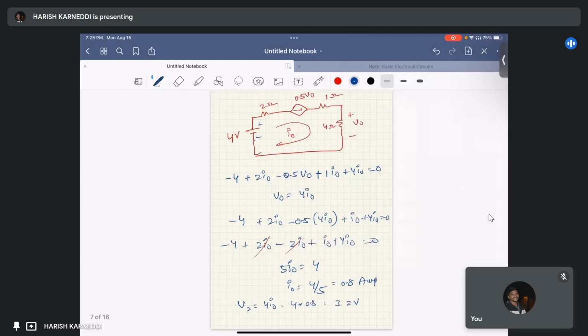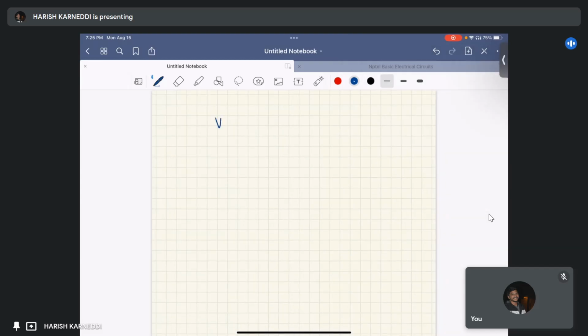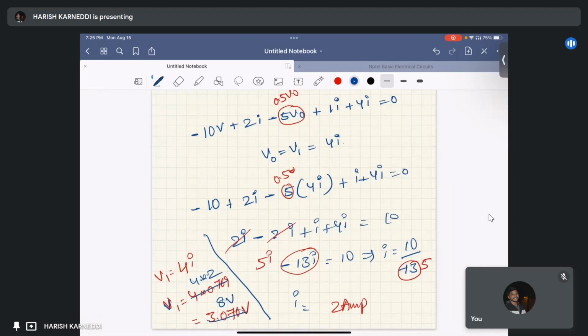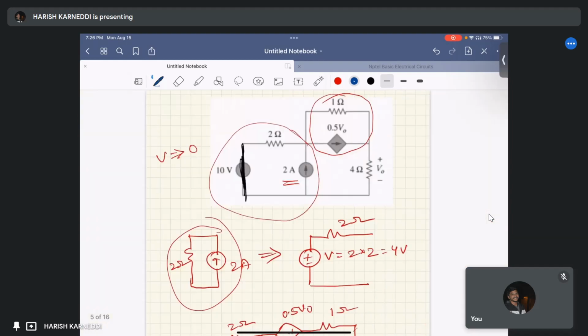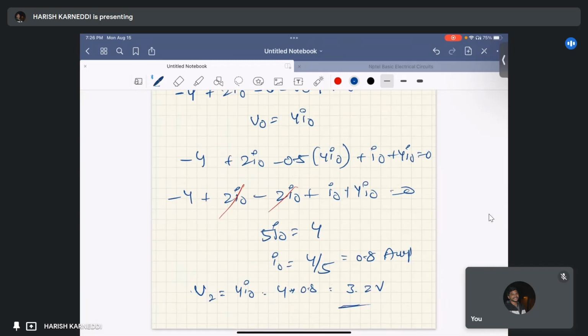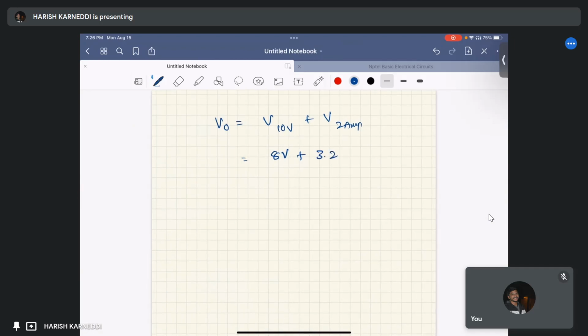So from the superposition theorem, the total response V naught equals the response corresponding to the 10 volt source plus the response corresponding to the 2 ampere source. The response corresponding to the 10 volt source we already calculated, this is 8 volts, and the response corresponding to the 2 ampere source we just calculated, that is 3.2 volts. Therefore, the total response is 8 plus 3.2, that equals 11.2 volts.